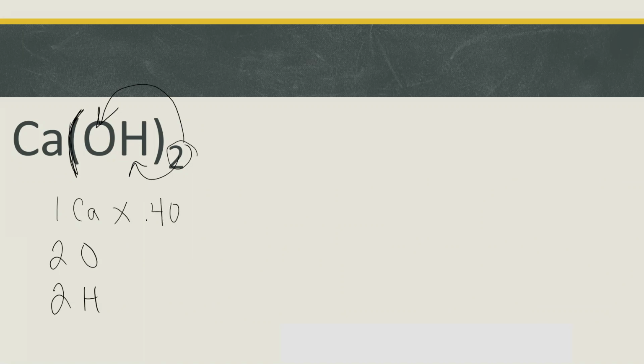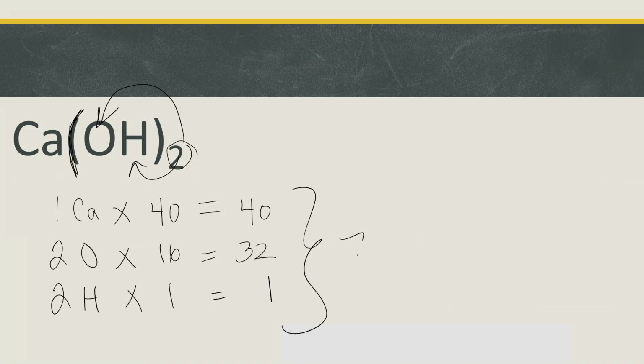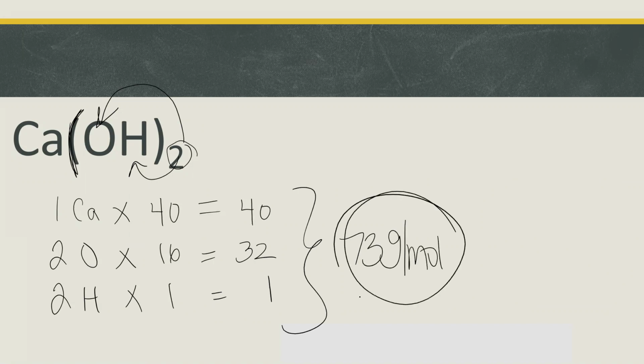Calcium is about 40 from my periodic table, oxygen about 16, hydrogen about 1. Add those together. I get about 73 grams over moles for Ca(OH)2, which is calcium hydroxide.